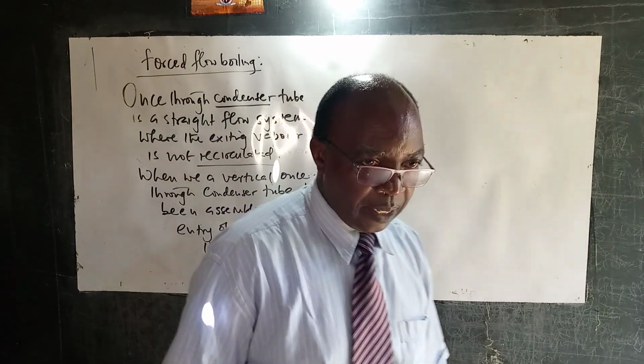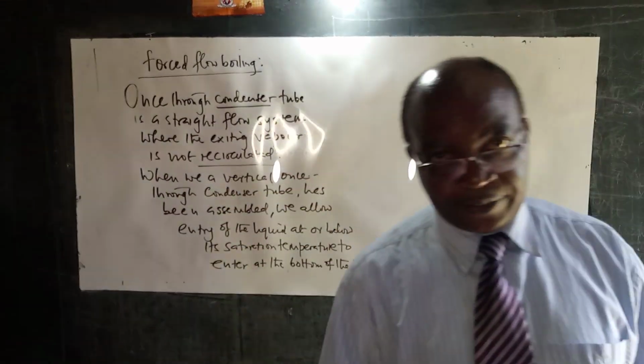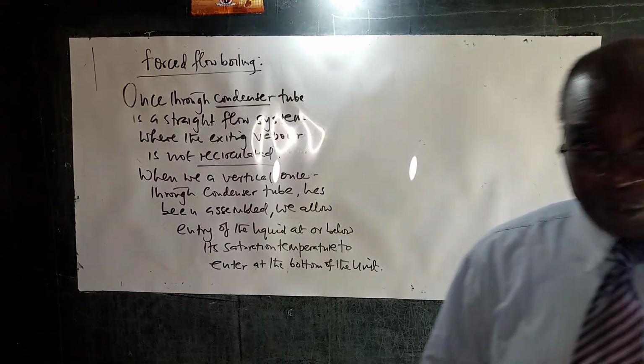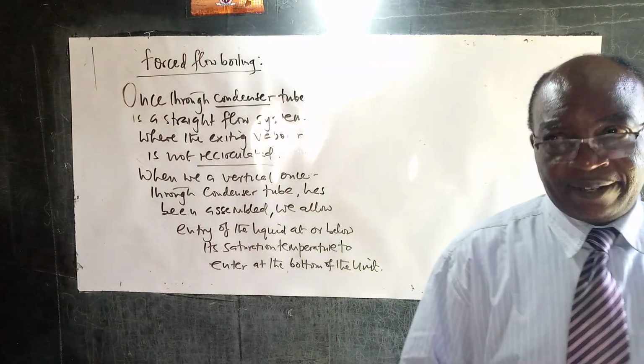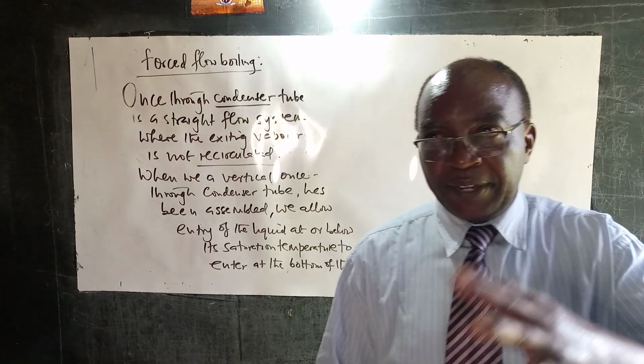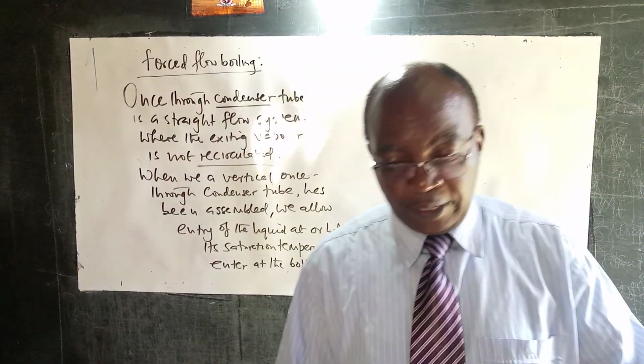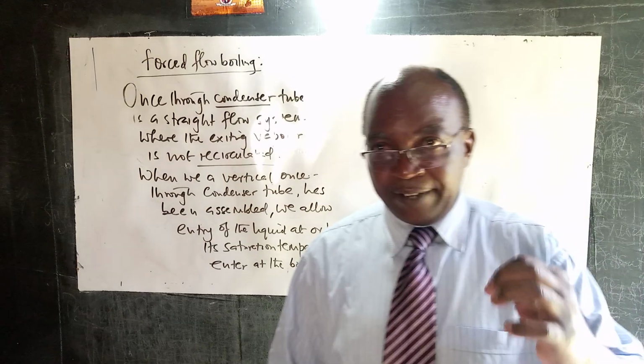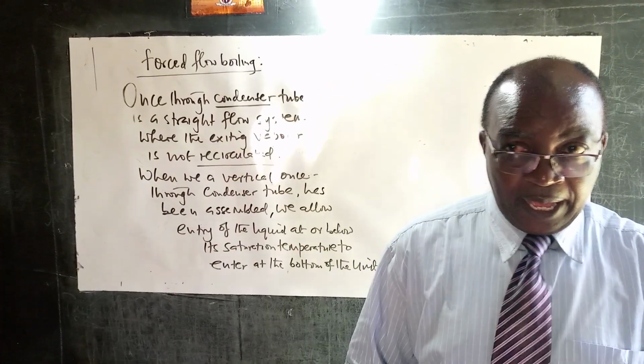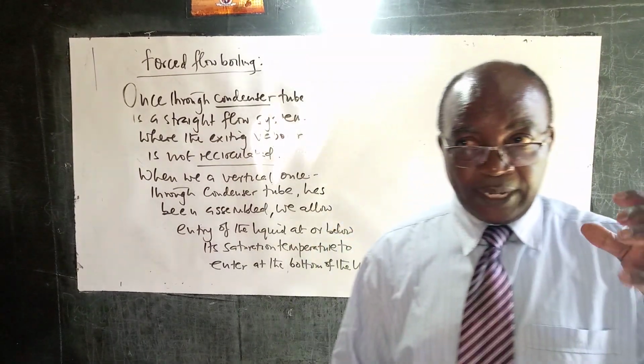Now, like we have said, it is a two-phase process. We have liquid and vapor. And so this is very important. The volumetric ratios of the liquid and vapor are very important in this particular system.